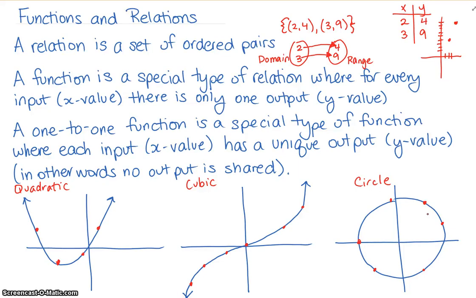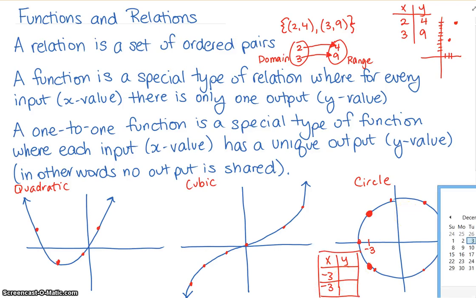So the circle, let's start with this one. A function is a special type of relation where there's only one output for each x value. So if I look at the circle, let's just say I choose this point here. Let's say it's -3. There exist 2 points. That would be my table of values. So if I wrote my table of values for my x and my y, for -3, I would have 2 possible values for an output.